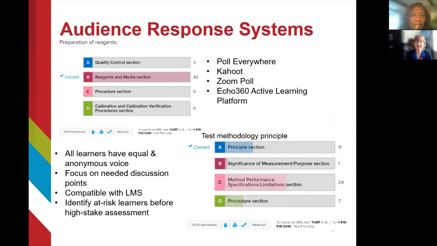So we don't really need to take class time in reinforcing that. But when we ask them, where would you find the test methodology principle? We had our answers scattered across all 4 of the answer choices. So it told the instructor right then and there that students didn't have a good understanding of this concept. And so we took some time to discuss what's the difference between the methodology area versus the procedure area, which is where they were having some sort of confusion.